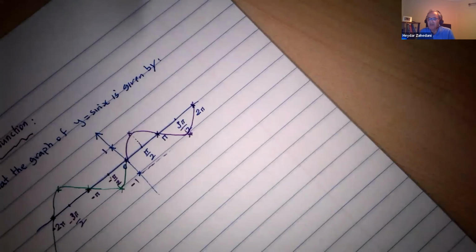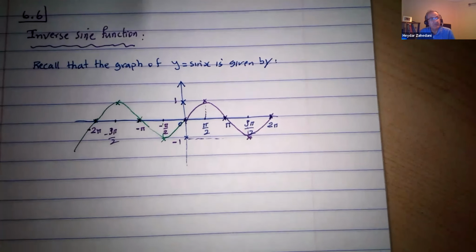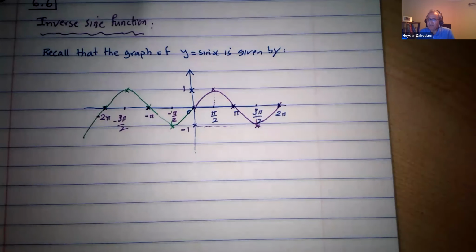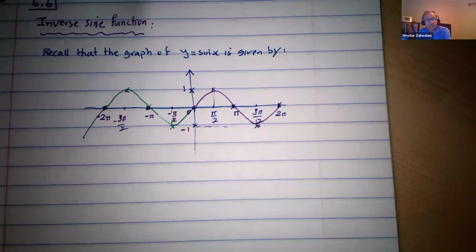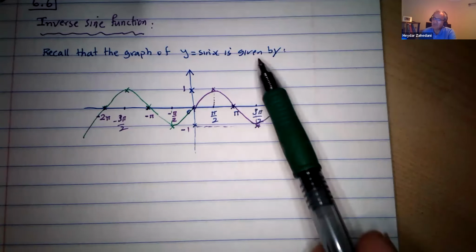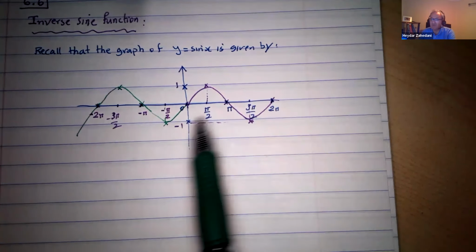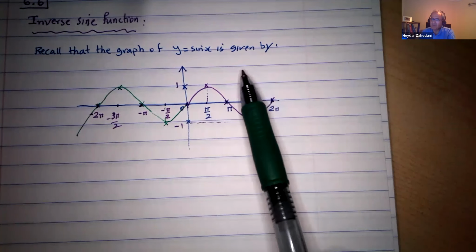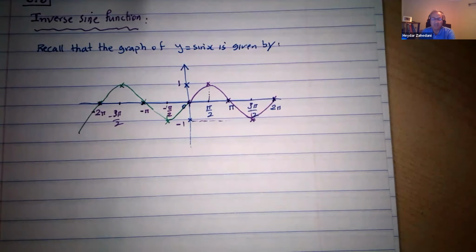Then when you switch x and y, you must guarantee that the result is going to be a function. You know that when y equal to sine x is a function, each vertical line will intersect the graph of the function at one point only. Okay, so that's the definition of the graph of a function.